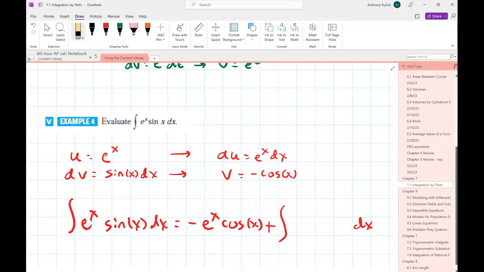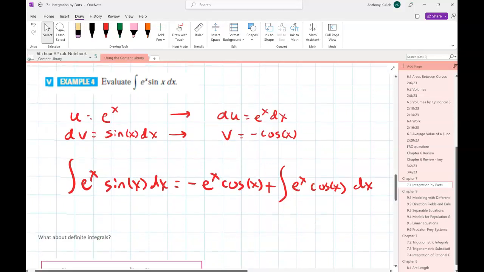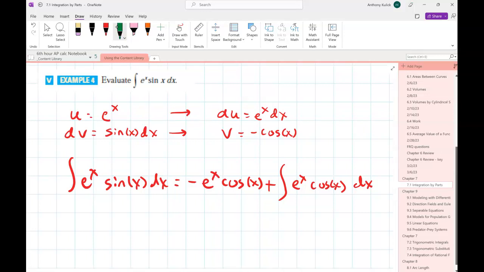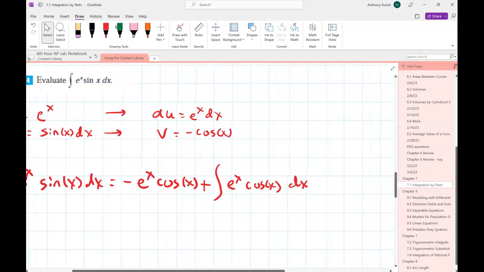Write it this way. And e to the x cosine x. Do you not do the antiderivative for that? I don't either. What should we do? Try the integration by parts again? Yeah.